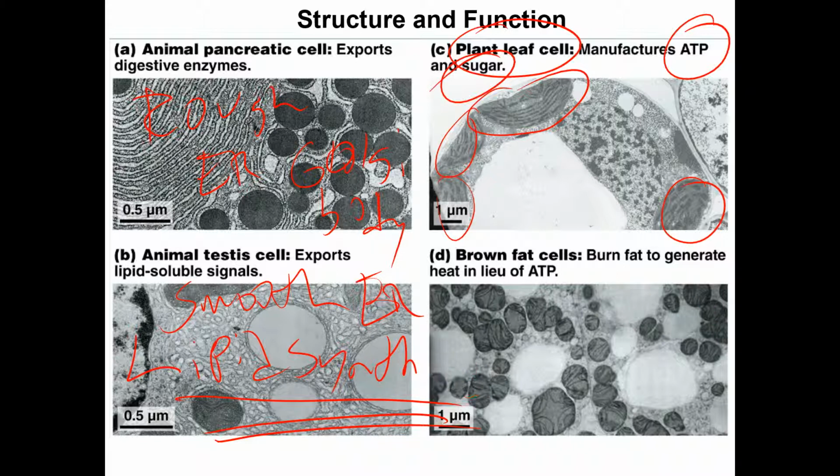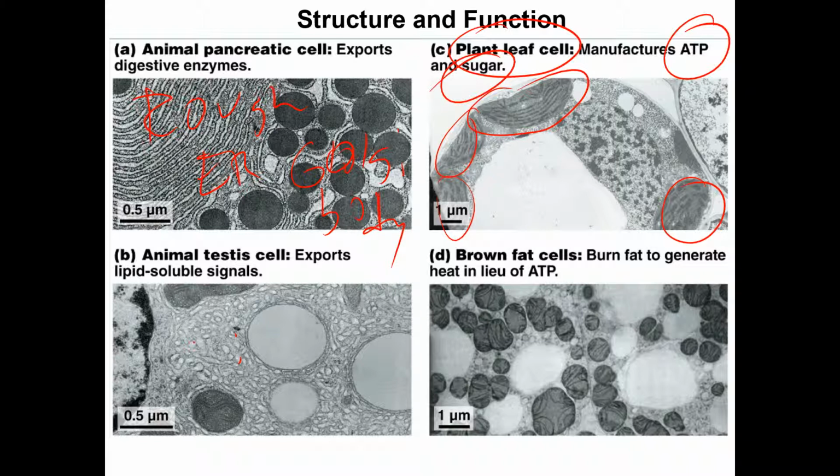And here you have brown fat cells. So you have white adipose tissue, which stores basically triglycerides or fat molecules. Your brown fat cells are found in a higher proportion in your hibernating animals, things like bears, for instance. And so think about it.